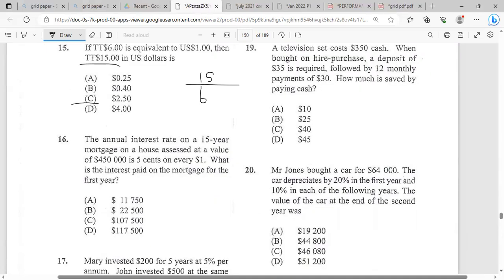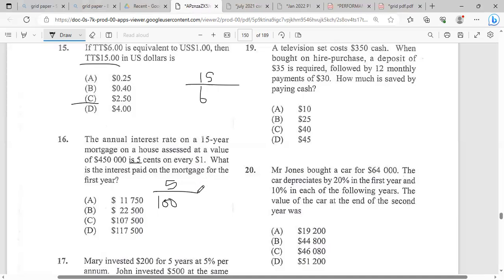The annual interest rate on a 15-year mortgage on a house assessed at a value of 450,000 is 5 cents on every dollar. So technically you have 100 cents in a dollar, so that's basically 5%. What is the interest paid on the mortgage?